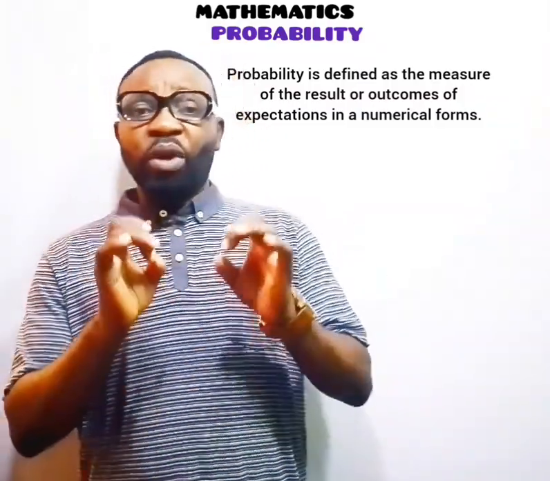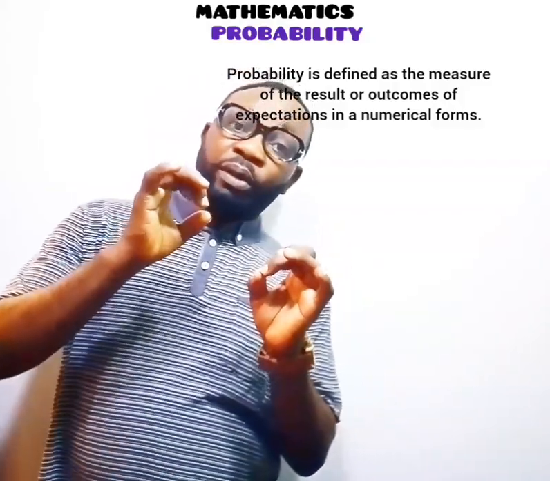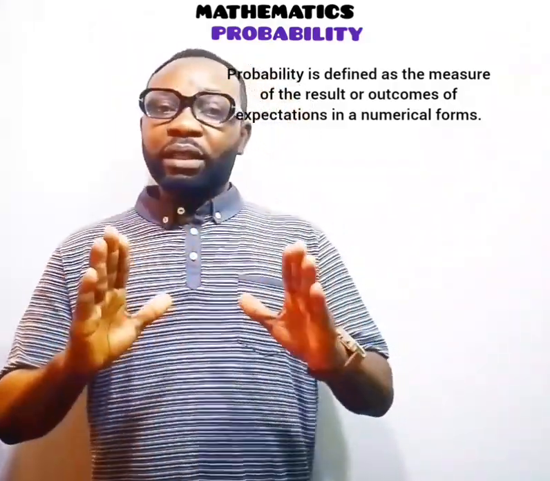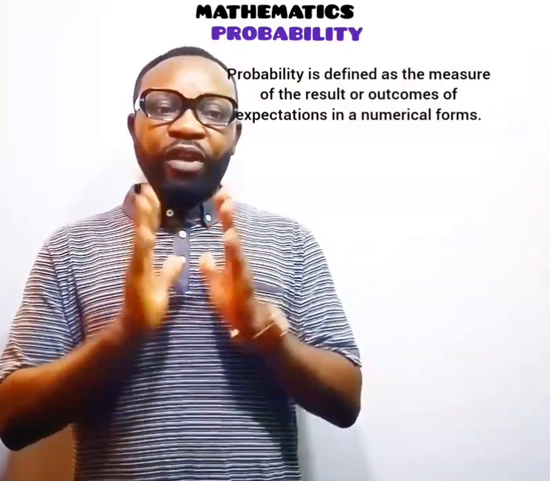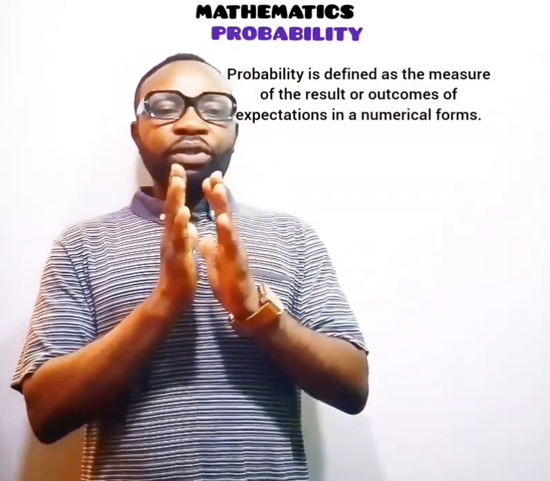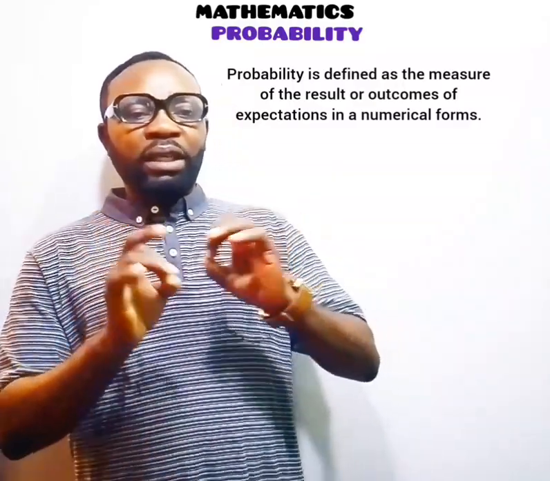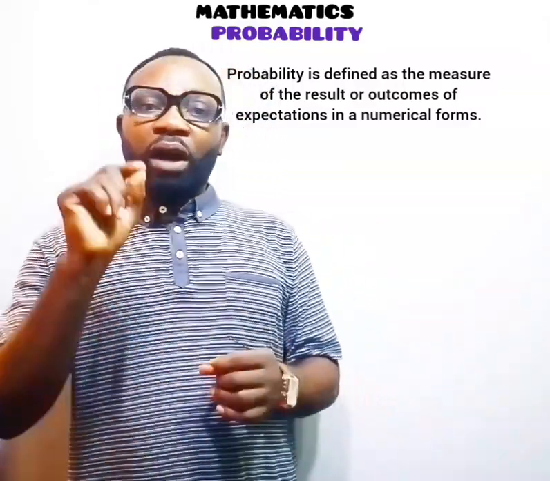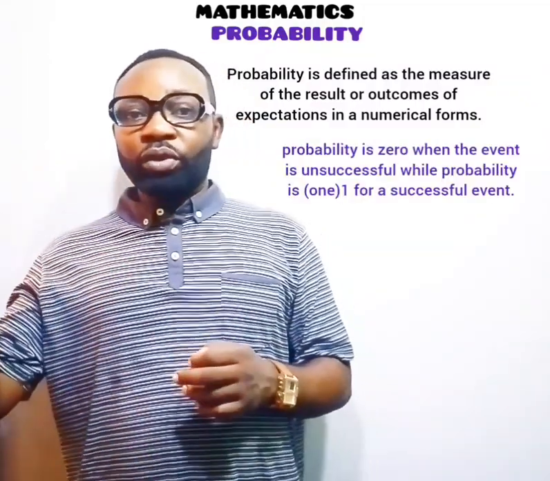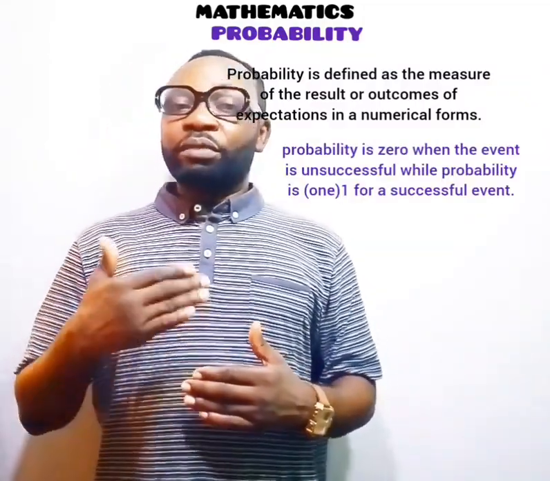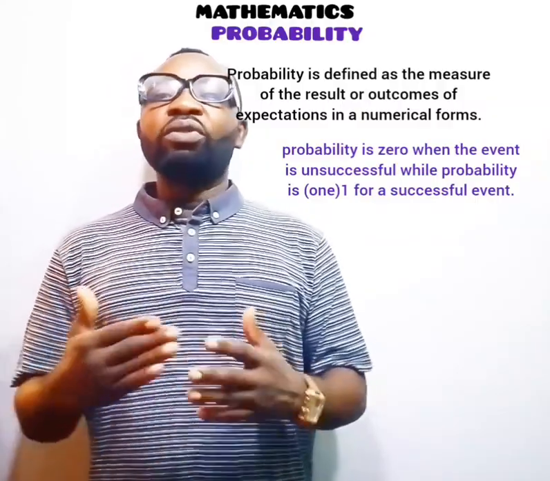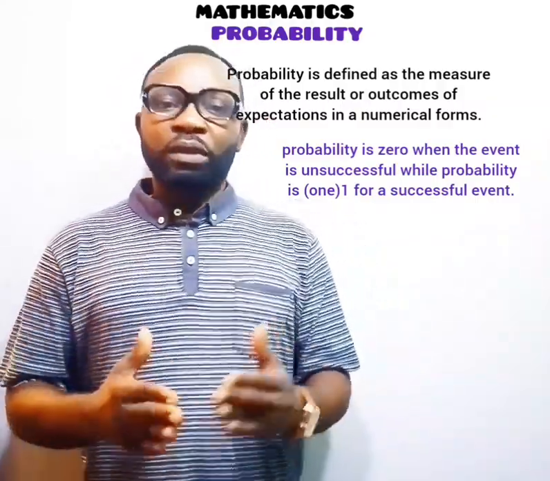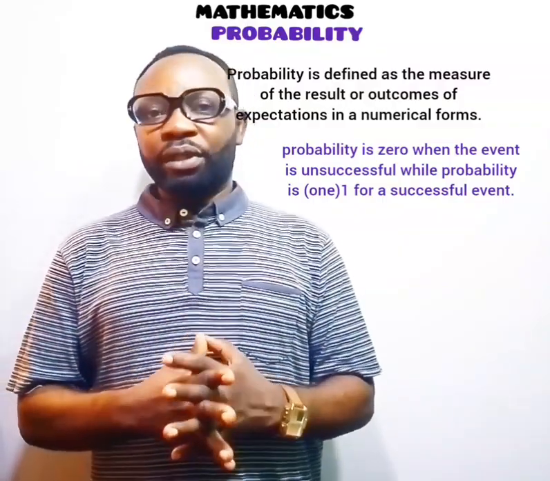Now that the result of your expectation has come out, and that result is not in your favor, or if the result is unsuccessful, such probability will have the value equal to 0. That is, the probability of an unsuccessful event or unsuccessful result is 0.